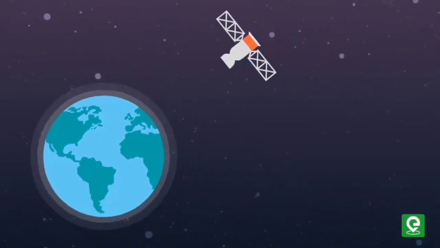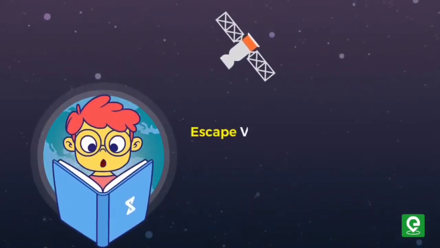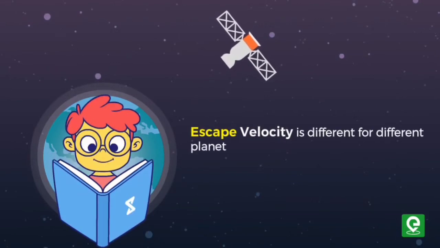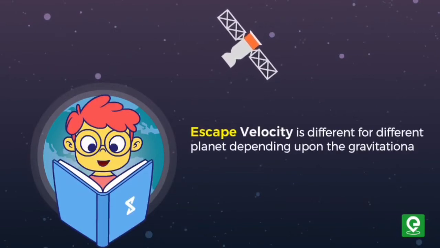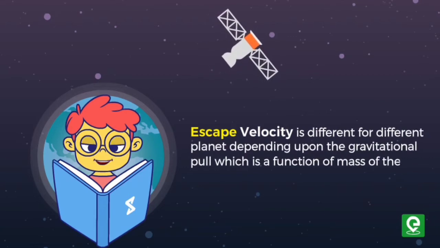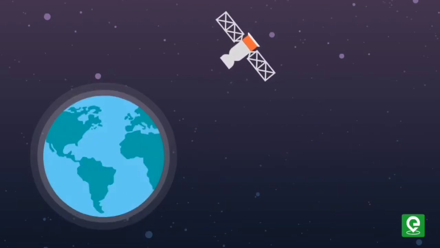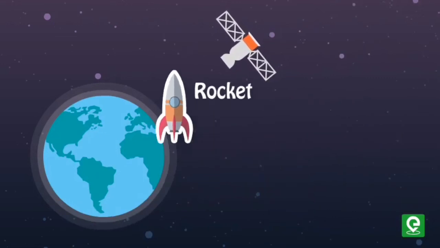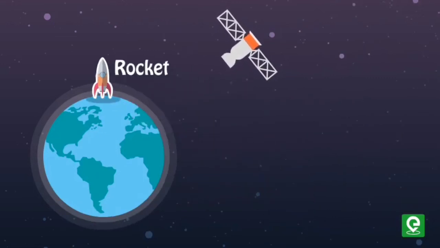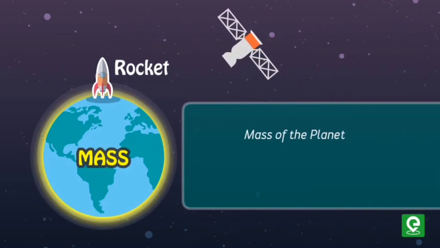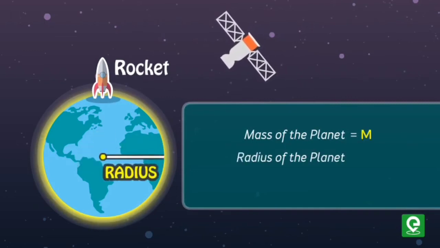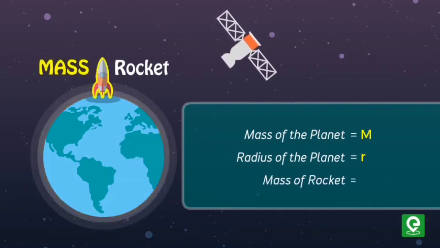Consider a planet like Earth. Escape velocity is different for different planets depending upon the gravitational pull, which is a function of the mass of the planet and its radius. Let's assume that we have to launch a rocket into space from any planet. Consider the mass of the planet is equal to M, radius of the planet is equal to R, and mass of the rocket is equal to small m.